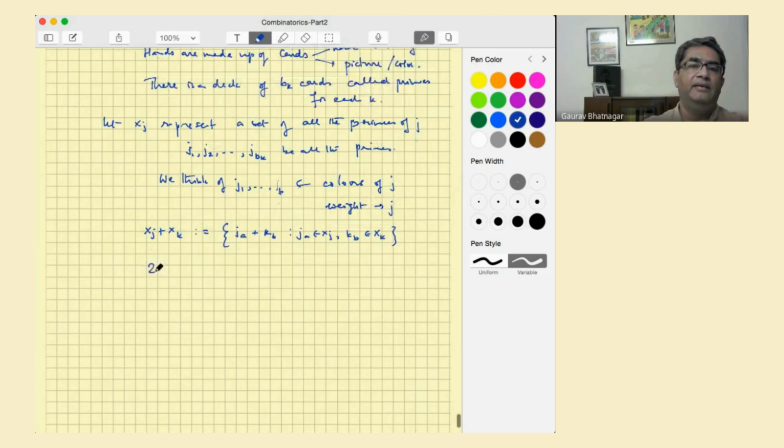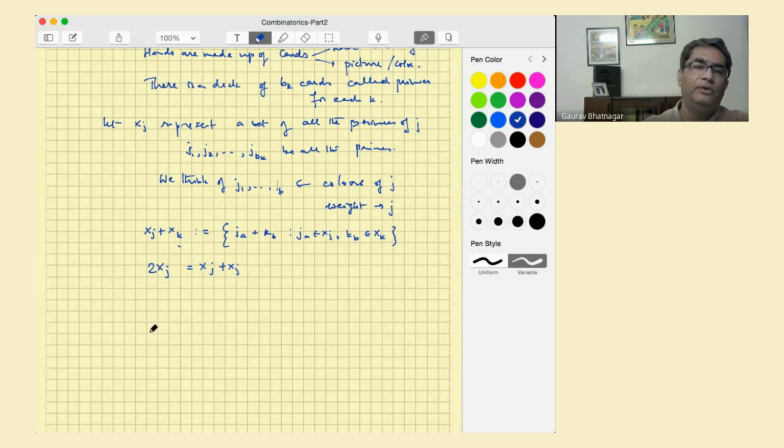Okay, and we had 2xj, that has to be looked at as xj plus xj. So this is like a multi-set. I have xj has many colors, and I pick one item from here and one item from here, and I call that a sum. So now you can imagine that I have a bunch of these numbers, and they all form a hand, and the weight is really the partition of that hand.